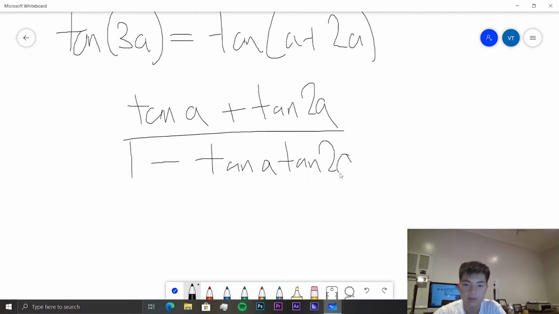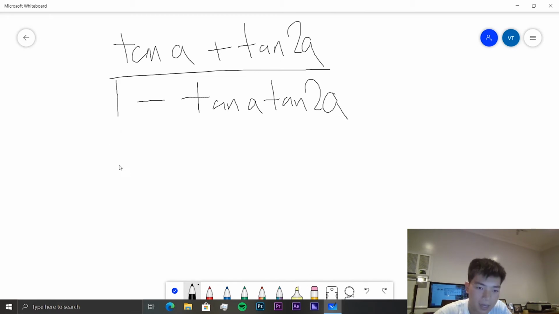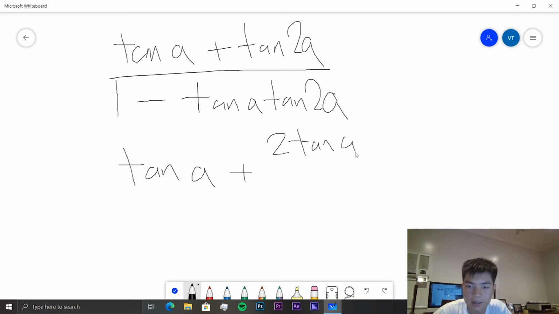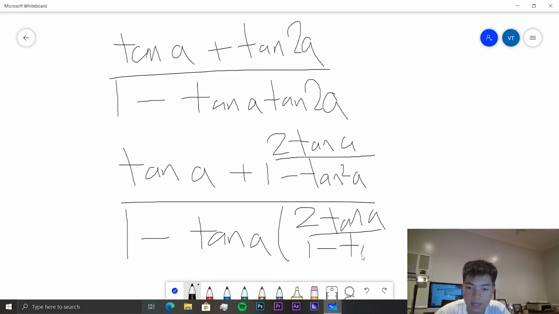And then we can use the double angle formula to expand tan 2a. So we have tan a plus 2 tan a over 1 minus tan squared a, all over 1 minus tan a times 2 tan a over 1 minus tan squared a.